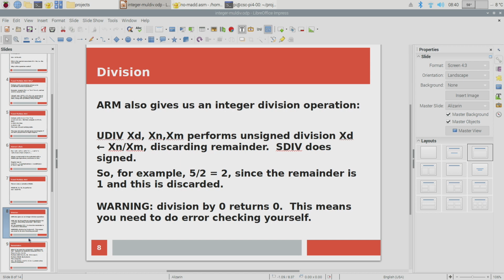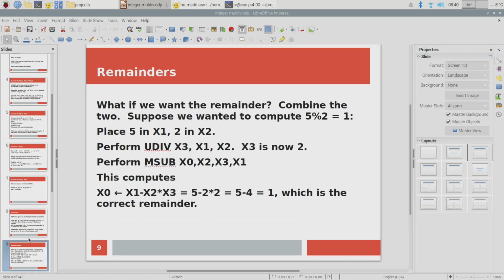Well, sort of. You have to be smart. It's actually 2 operations. We do the division and then use the fused multiply subtract right after it. So I'll use the 2 together. Here I chose to put 5 in x1 and 2 in x2, and then I'm going to do the unsigned division of 5 by 2, and that gives me 2, which I put in x3. Okay.